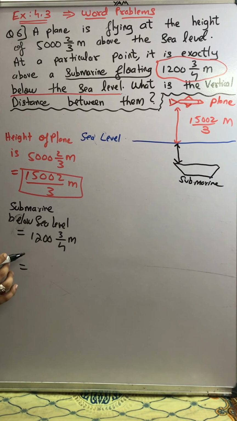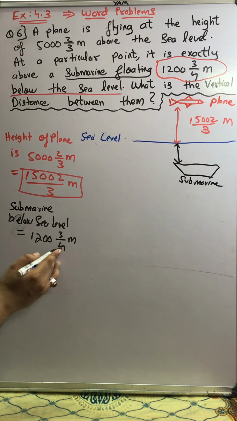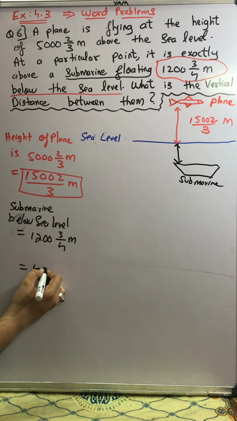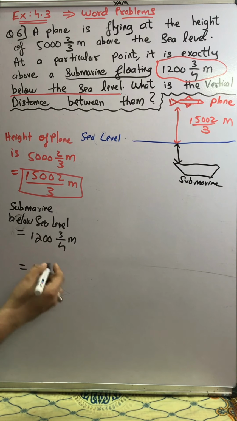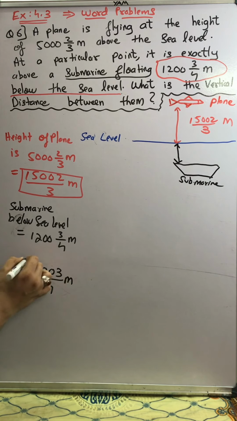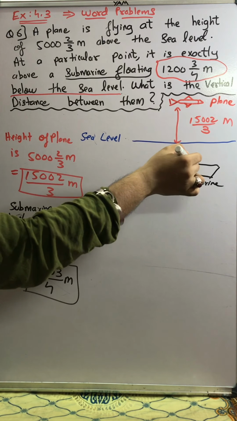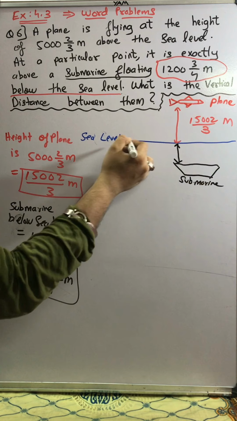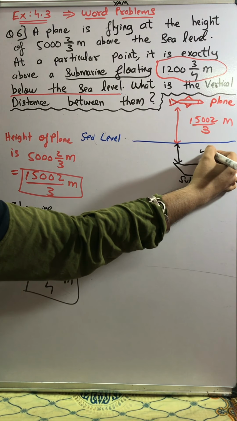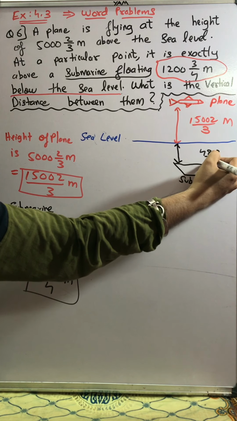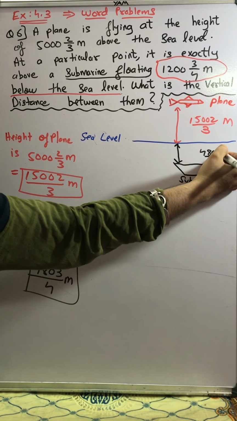So now I can say 12 fours is 48, so 4800 plus 3. So 4803 upon 4 meters. So this submarine is below the sea level. Blue color is the sea. Below the sea level, how much below? 4803 upon 4 meters below.